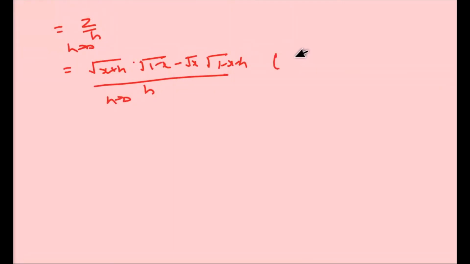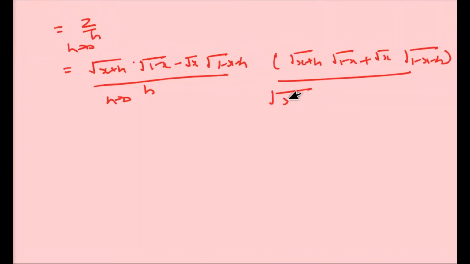Now multiply by the conjugate of this: root (x plus h) root (1 minus x) plus root x root (1 minus x minus h), in both numerator and denominator.